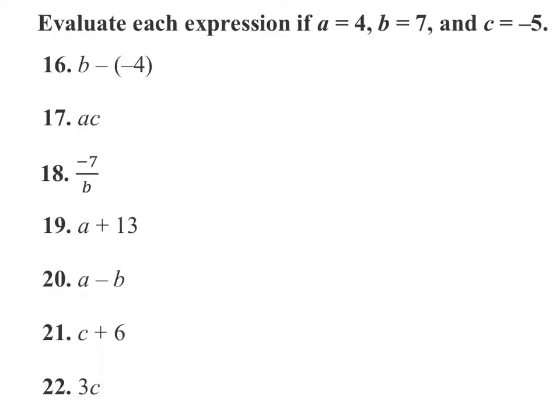All right. Number 16. By the way, at the top there it tells us the values of A, B, and C. A is 4, B is 7, C is negative 5. In these expressions, we're going to exchange the letters with their respective numbers.